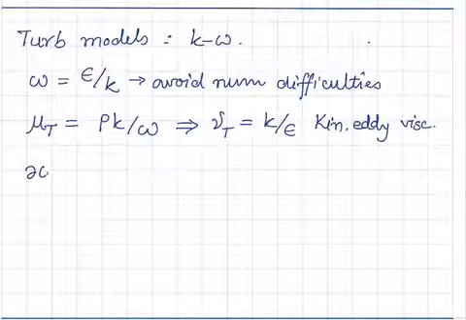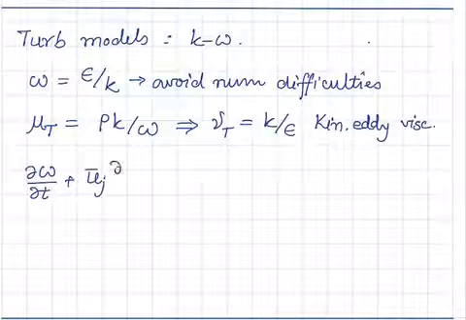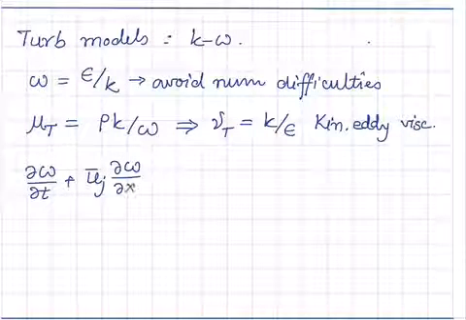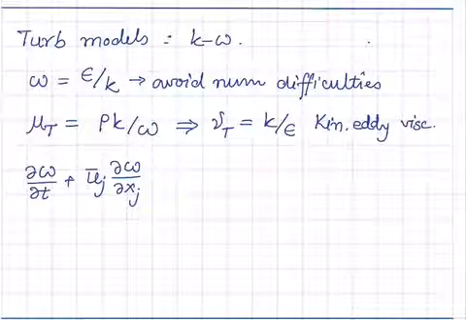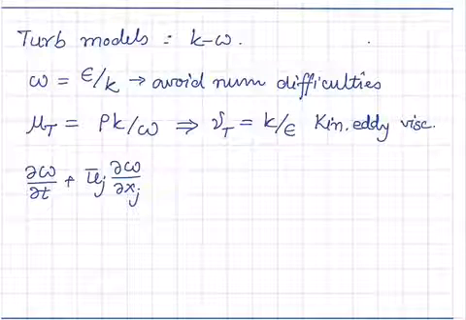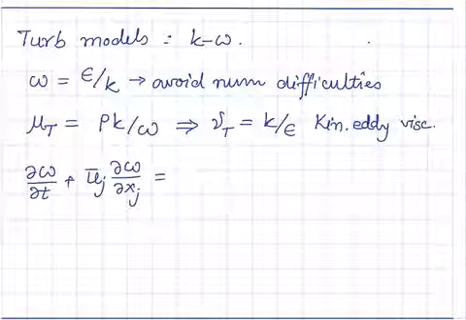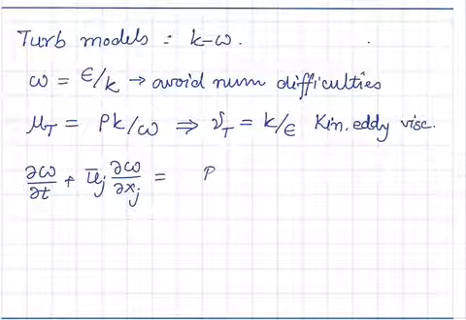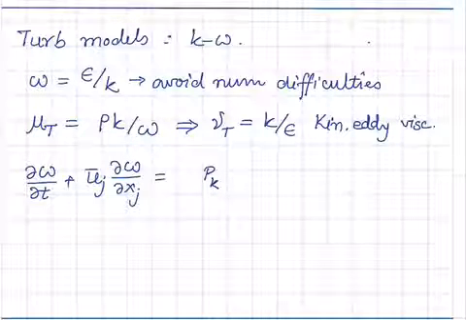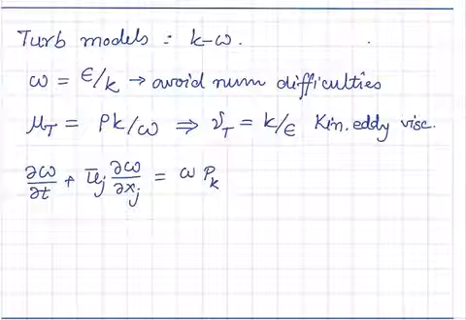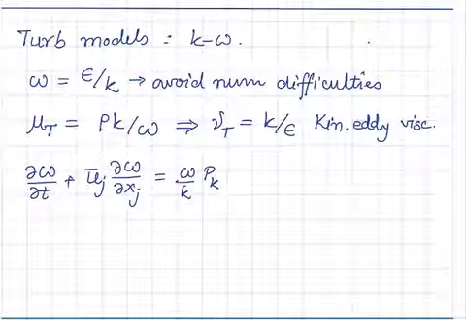The equation for omega has a very similar form, and once again it is not derived mathematically. You just write it in what's called a phenomenological way. We identify the different phenomena which can create, destroy and diffuse any turbulence quantity, omega being another such quantity. We would write production of k, which is proportional to production of turbulent kinetic energy, times omega by k, to make it correct dimensionally.